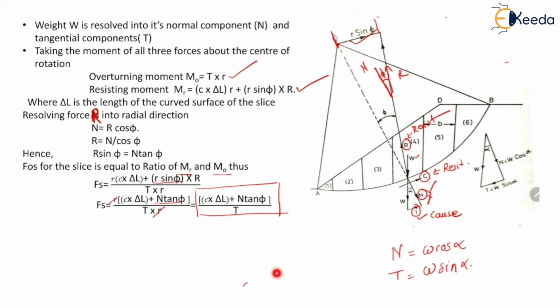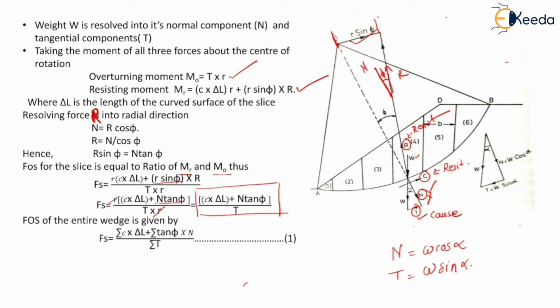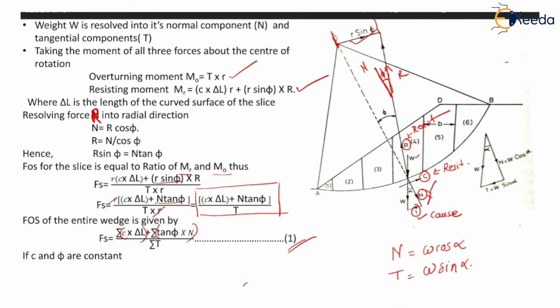That's why the factor of safety for the entire wedge is given by Fs equal to summation of C into delta L plus summation of tan phi into N, divided by summation of T. We will name this equation number 1. For a given slope, the values of C and phi are constant.